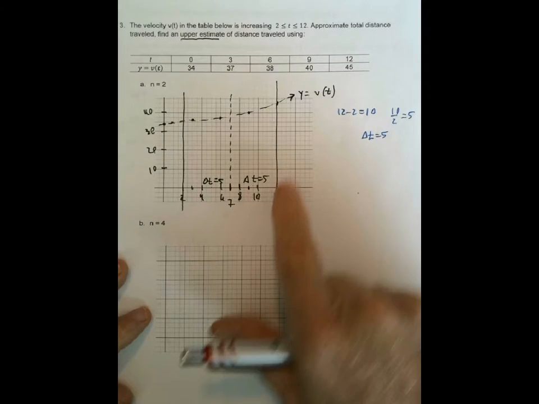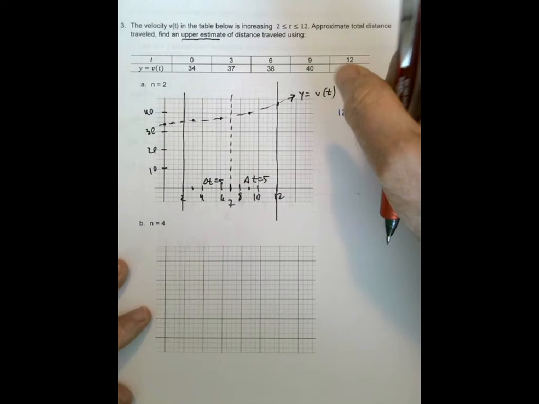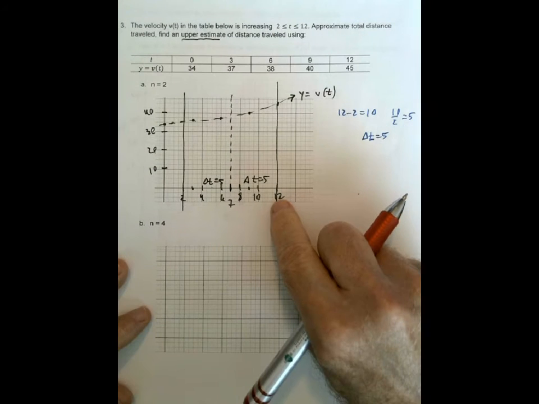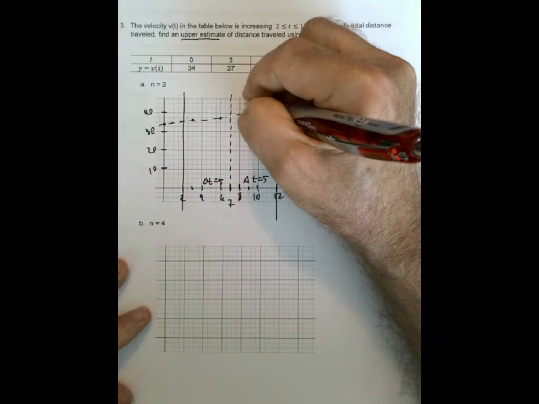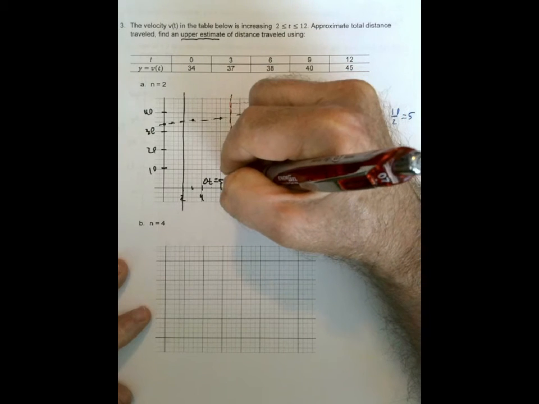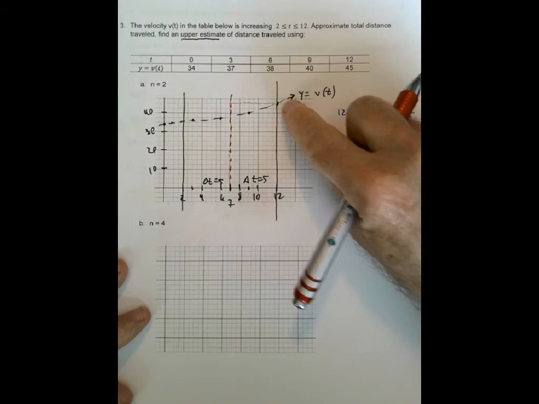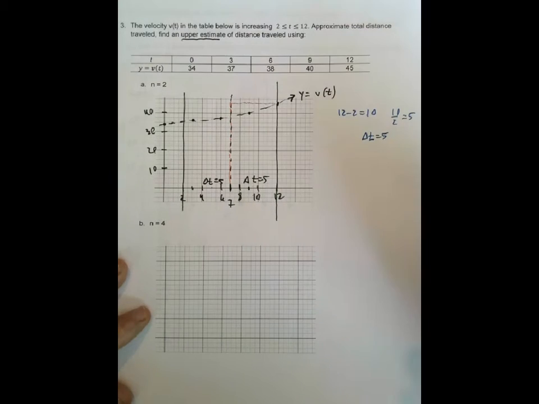Well, we can see that to make the upper rectangle, the overestimate rectangle, we're going to use the right side here to make the rectangle protrude above. So on increasing functions, the right side sum gives us an overestimate, which is the opposite of the decreasing function.